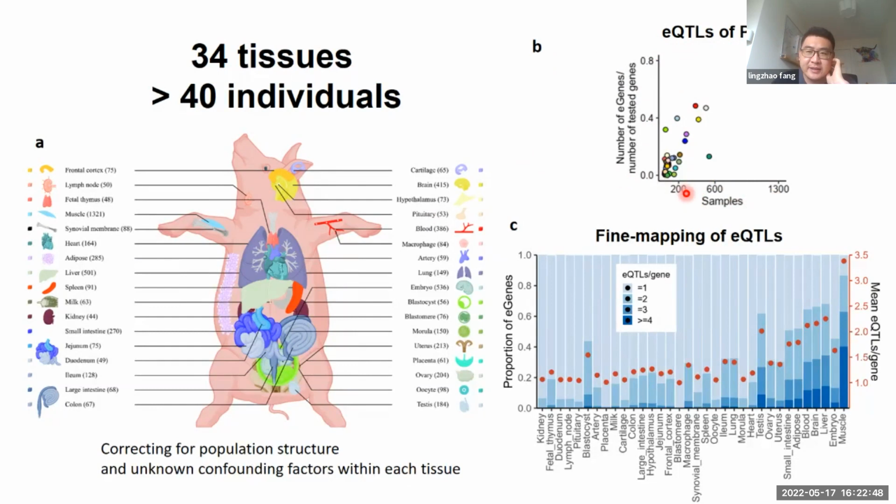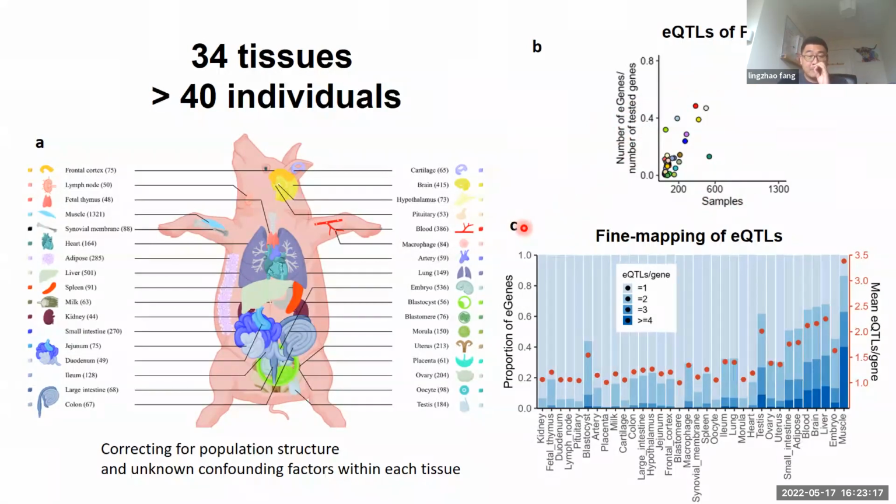The x-axis is the sample size of each tissue, and the y-axis is the number of eGenes, genes with a significant eQTL, divided by the number of tested genes in each tissue. In general there is a good correlation, which means a larger sample size gives you more power to detect whether a gene has a significant SNP.